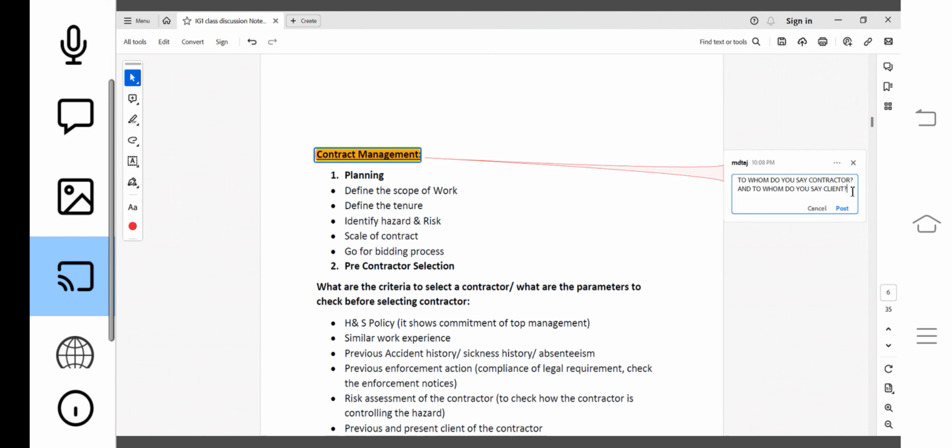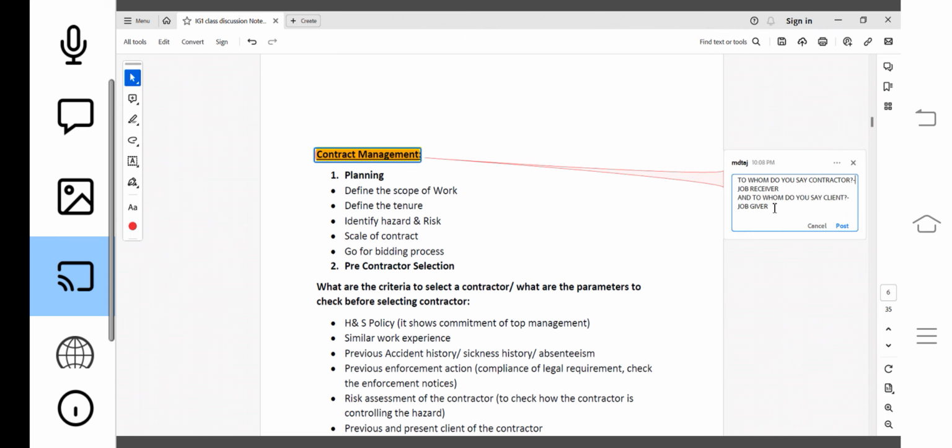You see, the client is the job giver, and the contractor is the job receiver. In a very simple way to understand. Suppose I have a building, a house, and I want to get my house's exterior painted.